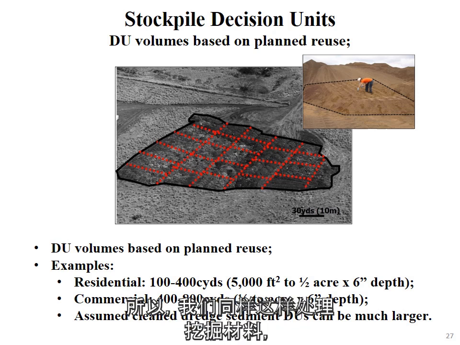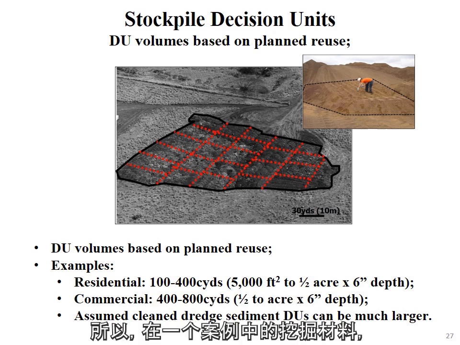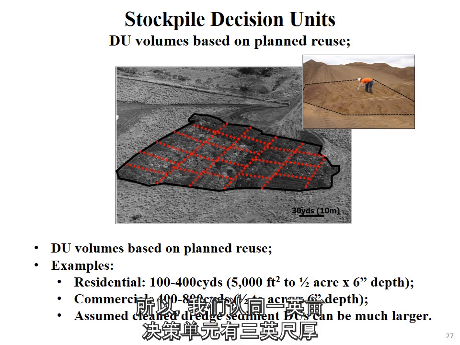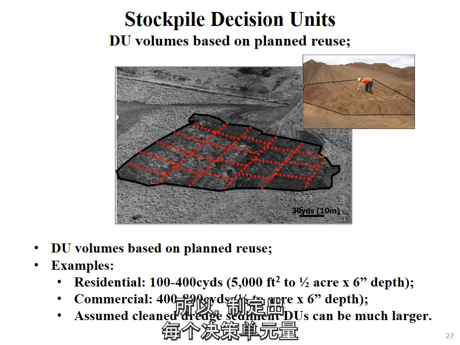Also, we do the same thing for dredge material, dredging in the harbors and canals in Hawaii. So for dredge material, in one case they were going to reuse the material for a beach replenishment. So we agreed on like 1 acre DU with 3 feet thick is what they're going to place this sand on the beach. So that worked out to be thousands of cubic yards per decision unit volume, and they would collect one sample for that.